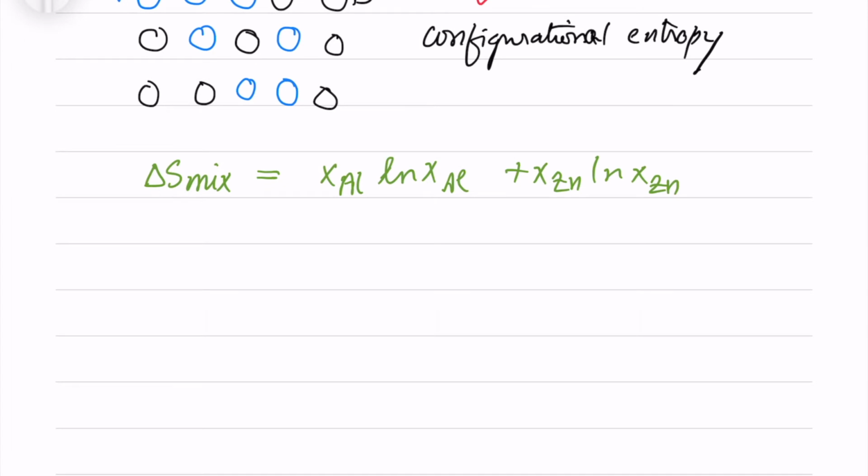So we have this term, so the delta G mix is nothing but delta H mix minus this term.